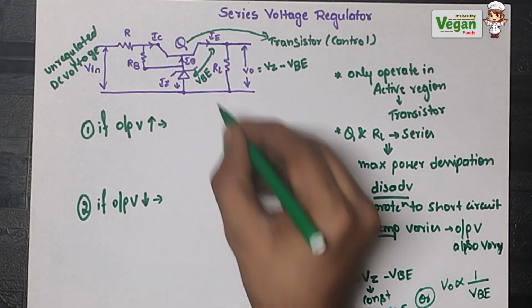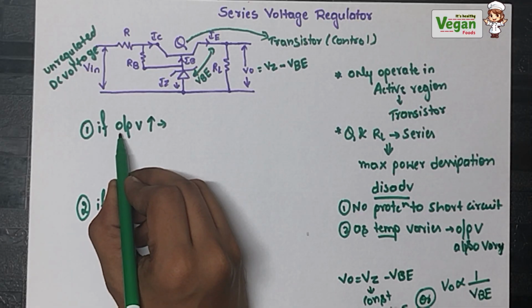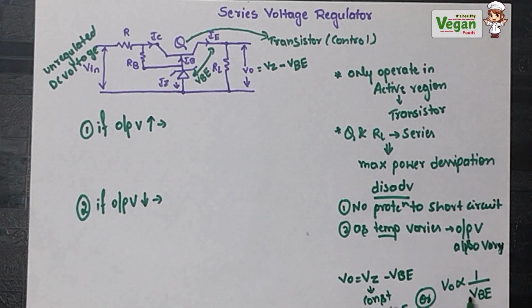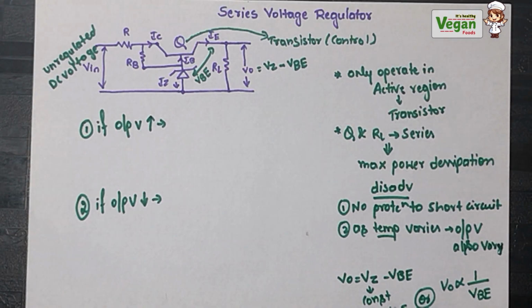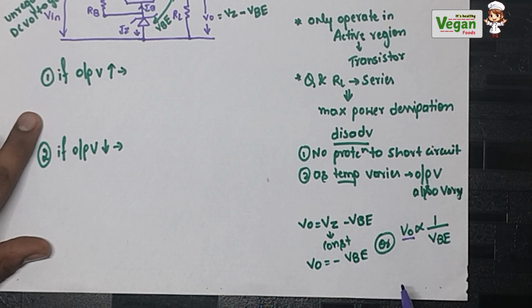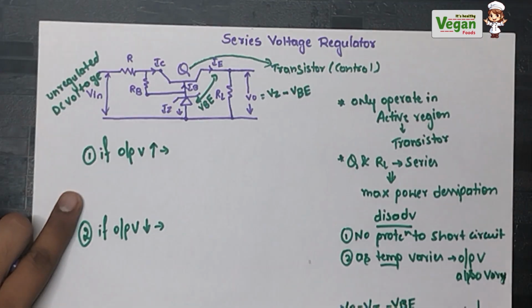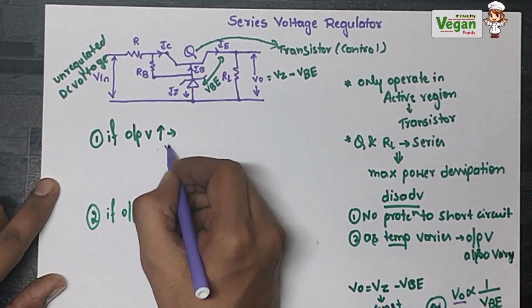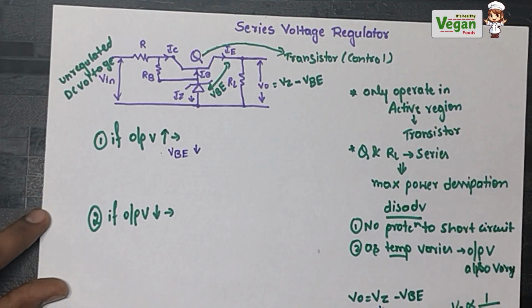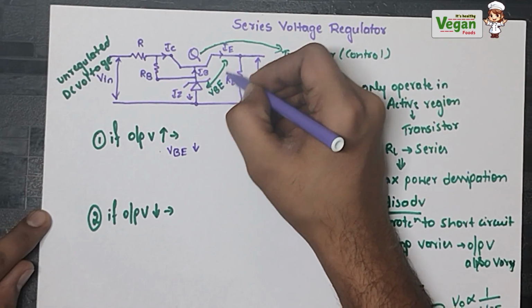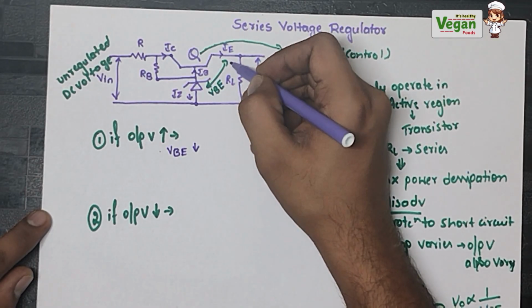Now see the circuit. We said that if the output voltage increases, the VBE value will decrease. VBE is between the base and emitter.